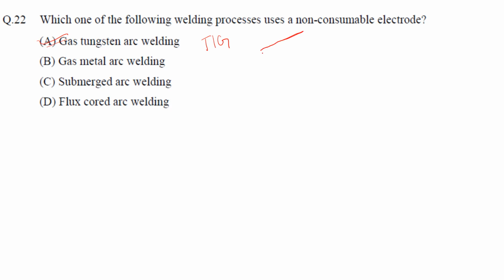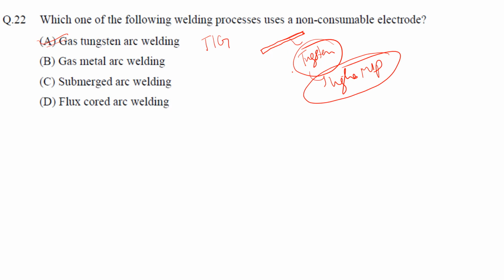That means the electrode is of tungsten, and because it is made up of tungsten, it has a higher melting point. So it does not melt; in return, it melts the target, that is the metal which is used for welding. Then gas metal arc welding, here we use a consumable electrode. Okay, fine.